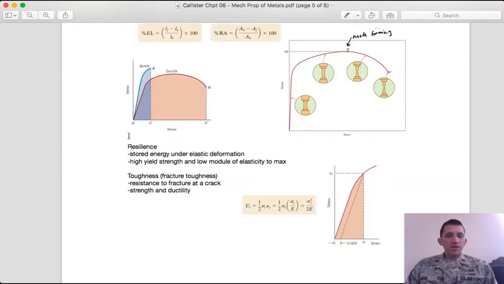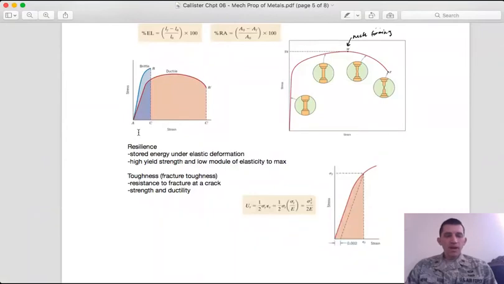This is referred to as resilience. So as I'm yielding, moving those atoms around takes energy. And the amount of energy that it takes is represented by the area under this curve, which is what we refer to as resilience.